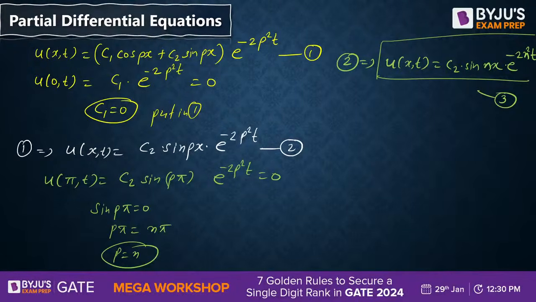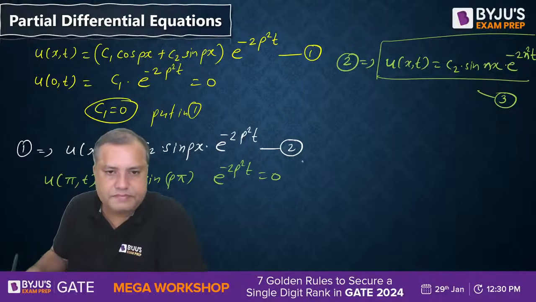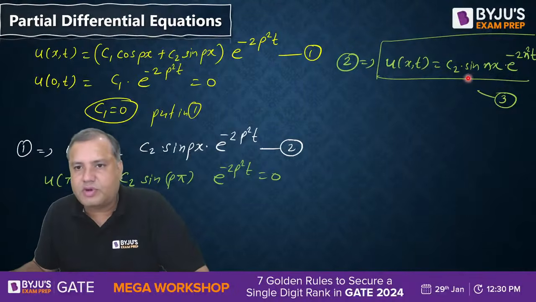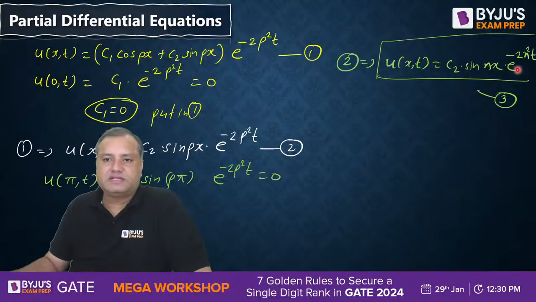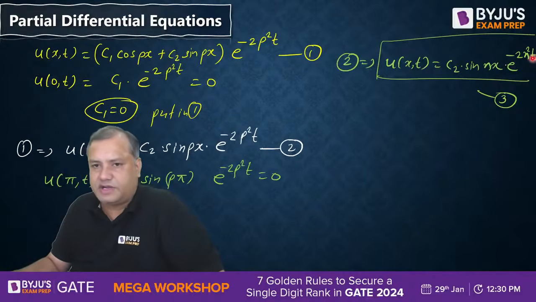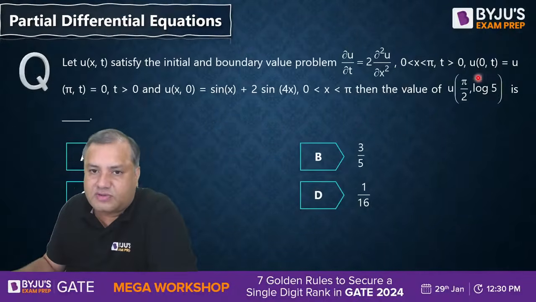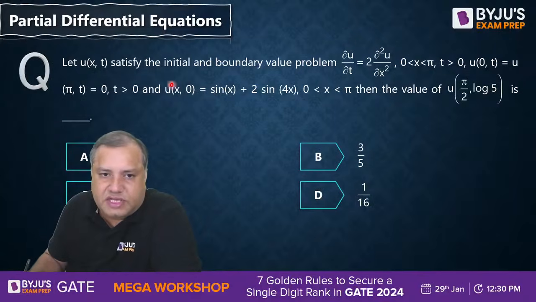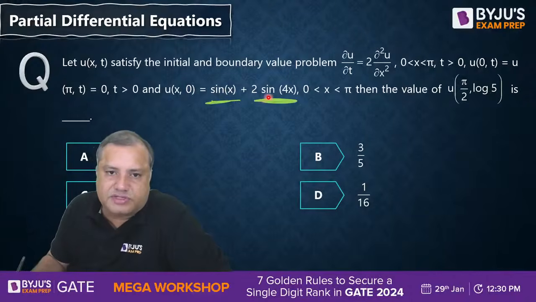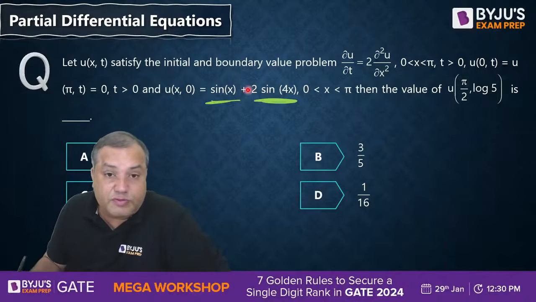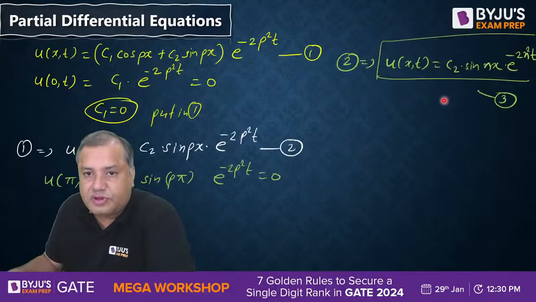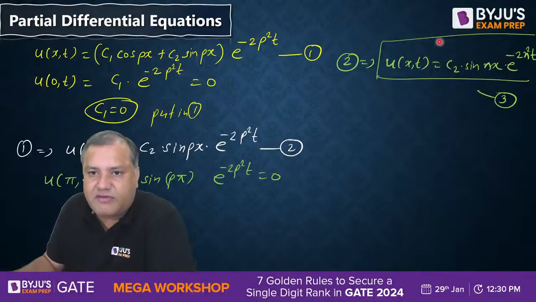U of x comma t equals c2 sine nx into e raised to the power minus 2 n square t. Now just observe the initial conditions. The initial condition with respect to time t has two terms, which means this right hand side will have two terms.